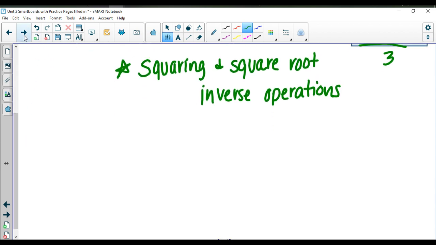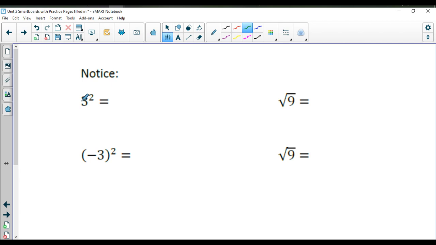Now, there is something kind of funny that happens with square roots. 3 squared is equal to 9 because 3 times 3. In the past, we also saw this when we did our order of operations lesson, and we said, okay, keep these in the parentheses. -3 times -3 is also equal to 9. So something interesting happens: the square root of 9 can be positive 3, and the square root of 9 could also be -3.